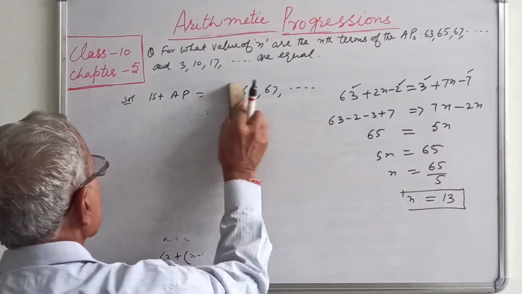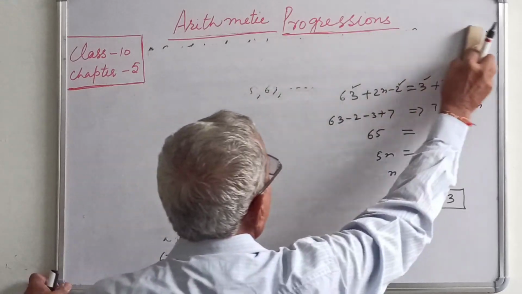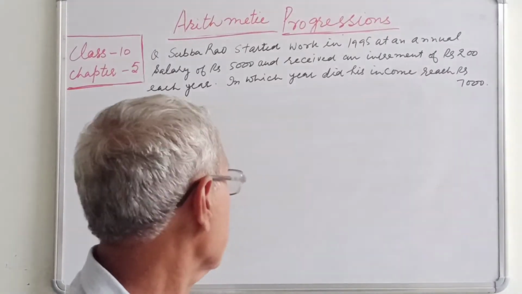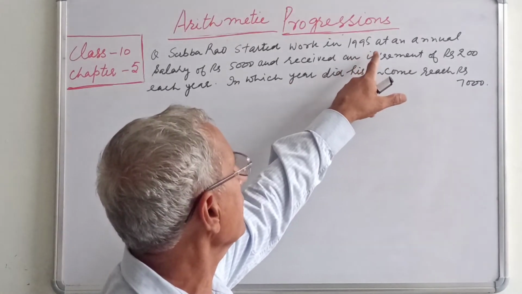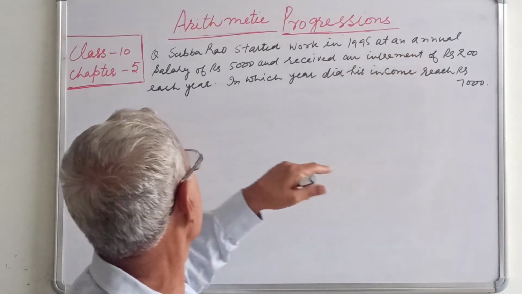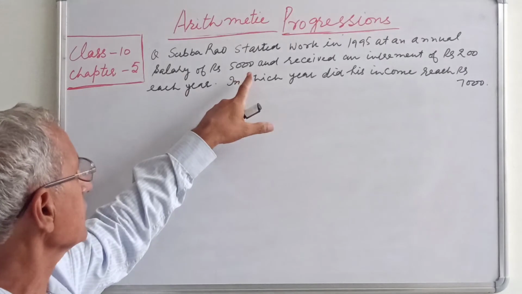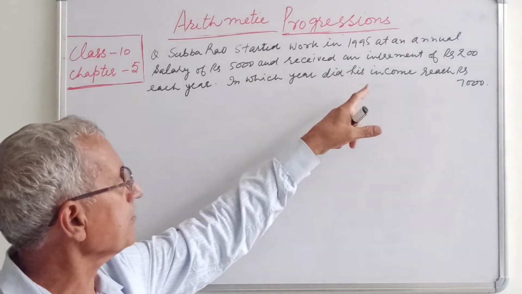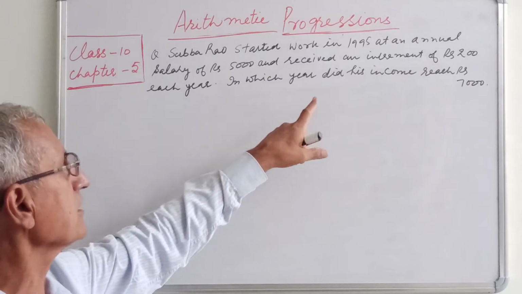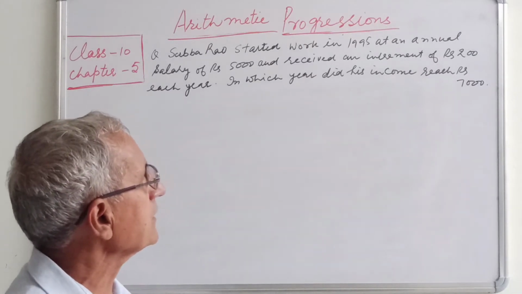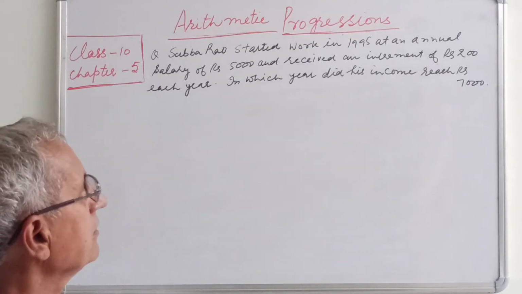The next question is, Subha Rao started work in 1995 at an annual salary of rupees 5,000 and received an increment of rupees 200 each year. In which year did his income reach rupees 7,000?